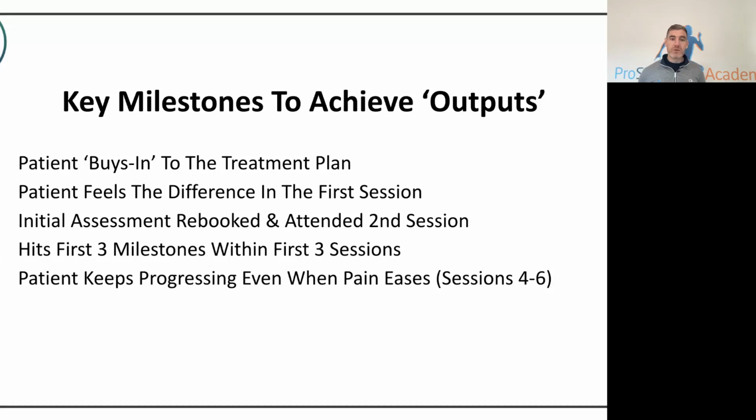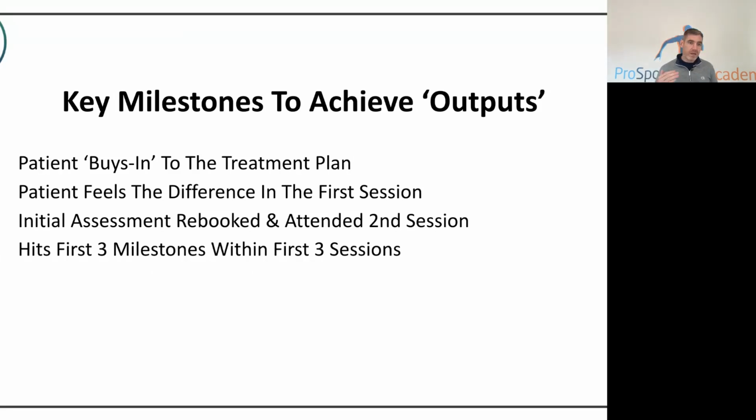So then what's stage 5? We're assuming the patient's done the first 4 stages and hit the first 3 milestones within the first 3 sessions. If your therapist is passing stages 1 to 4, you're going to see your PVAs well over 3. If you've got a patient visit average for your therapist at around a 3, the chances are they're not hitting those first 3 milestones and the patient isn't seeing the value.